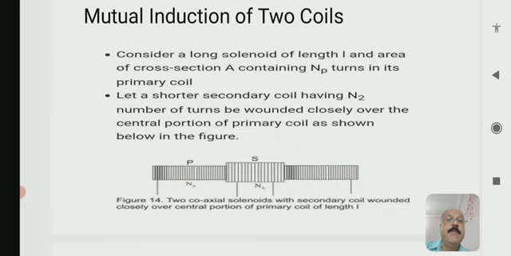A long solenoid of length L and area of cross section A containing NP turns is known as the primary coil. Let a shorter secondary coil having N2 turns be wound closely over the central portion of the primary coil as shown in the figure.